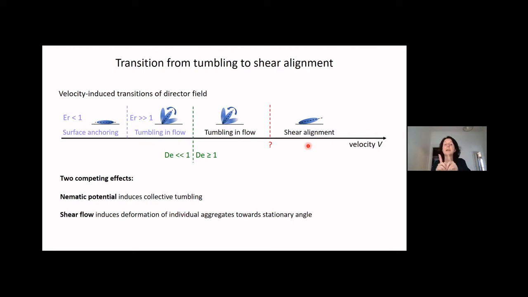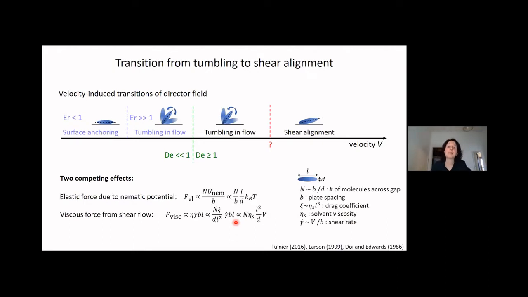There's the nematic potential, which tries to keep the aggregates pointing in the same direction and which induces this collective tumbling behavior, and the shear flow, which eventually induces a deformation of the individual aggregates towards the stationary angle, allowing them to shear align.